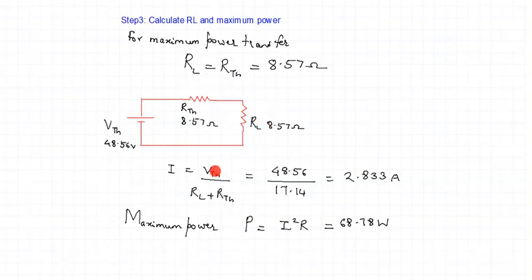We obtain the current through the load resistance as 2.83 amperes. So maximum power transfer to the load is P equals I squared R. Taking the square of the current and multiplying it with the load resistance, we get the power to be 68.78 watts.